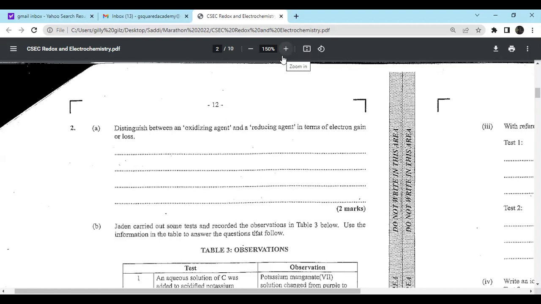So it says distinguish between an oxidizing agent and a reducing agent in terms of electron gain or loss. I just said it. An oxidizing agent, sorry, accepts electrons. And this is the tricky thing now. An oxidizing agent causes something else to be oxidized, and a reducing agent causes something else to be reduced.